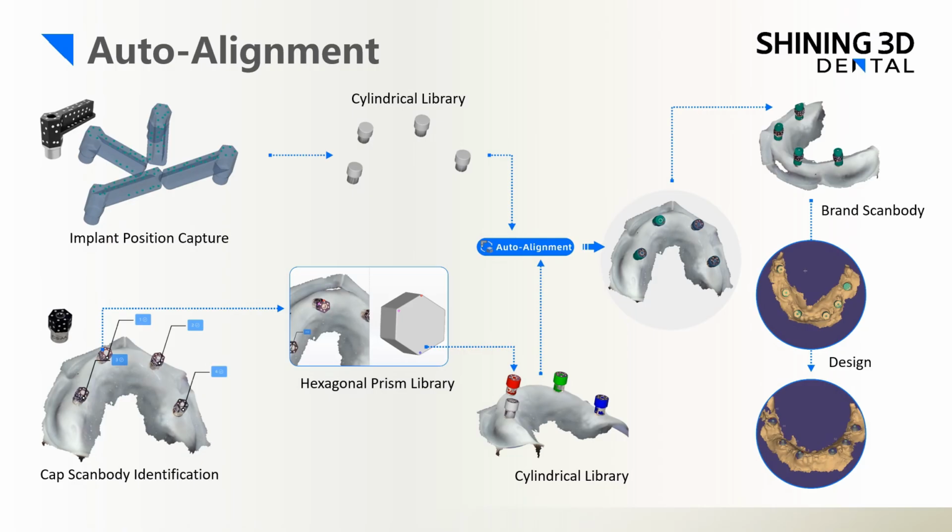Once we finish scanning the high-accuracy Code Scanbody, it will also convert it into a cylinder-shaped library, just the same as the Cap Scanbody. And then with the same coordinates these two parts have in common, we can align these two sets of data together with the same shape library.